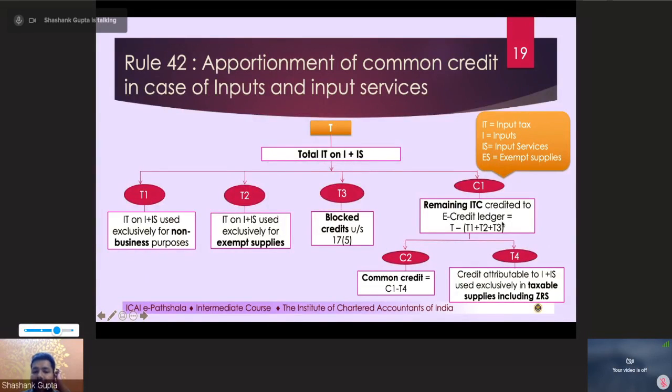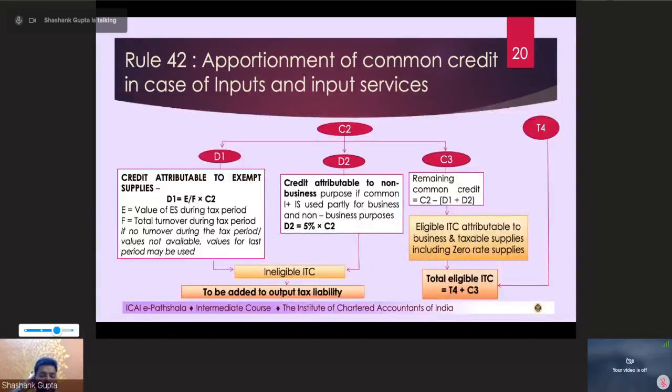And the balance amount, after excluding these three, has to be credited to the electronic credit ledger. From this amount credited, we have to identify what amount of credit is exclusive to taxable supply. And that amount entirely will be available. And the balance amount will be the amount which is common credit both for taxable as well as exempt.